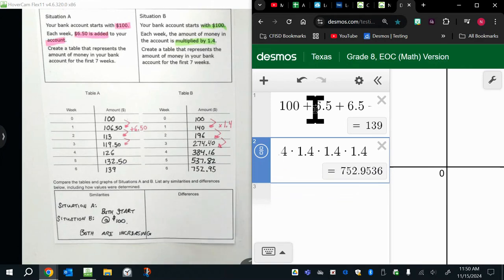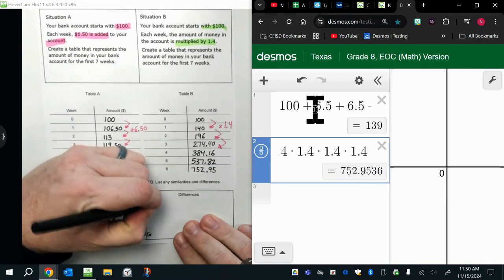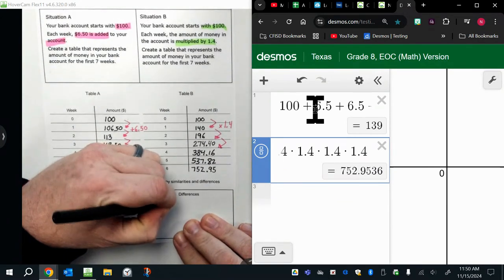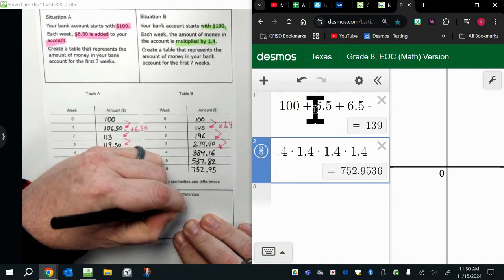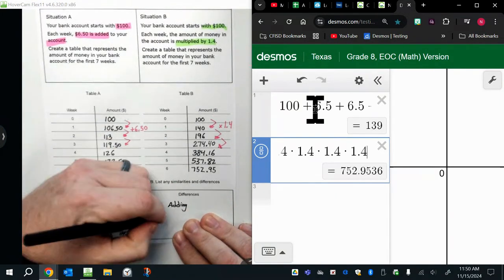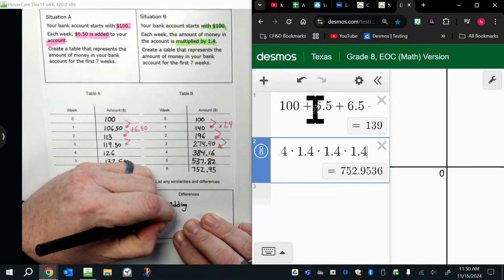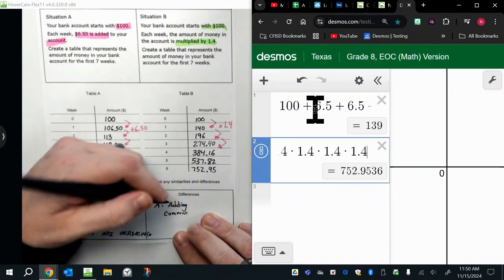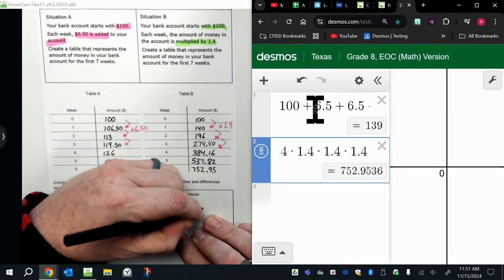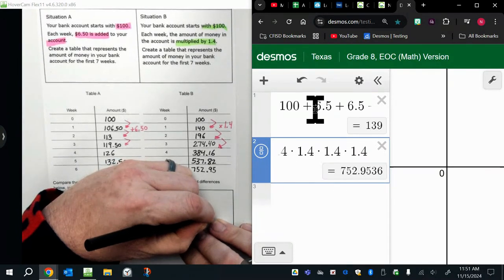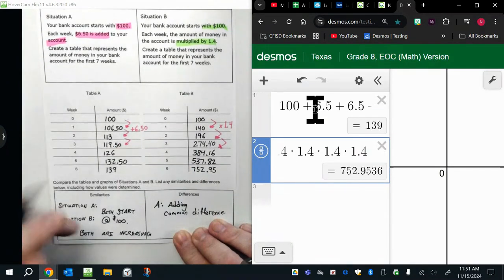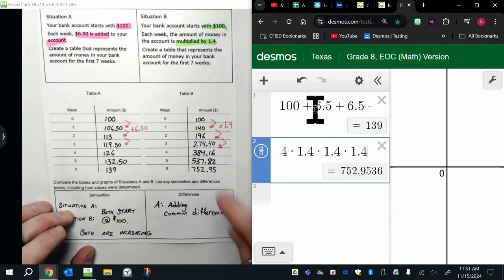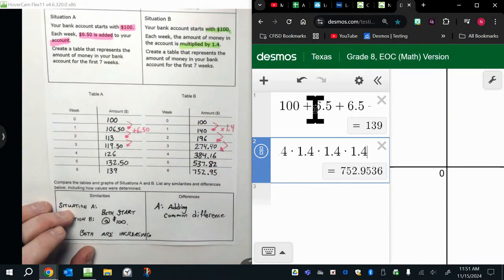Okay, what are the differences? Well, for A, we are adding each time. We're going to call that a common difference. It basically just means what is the difference between the numbers? Well, I'm just adding 6.50 each time.